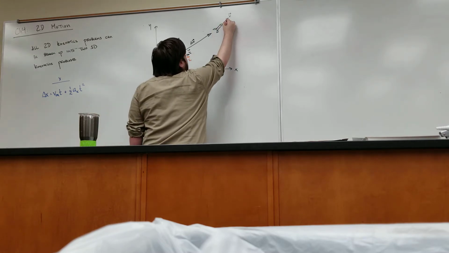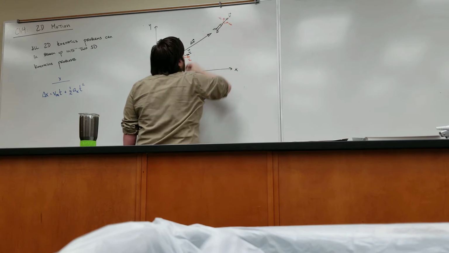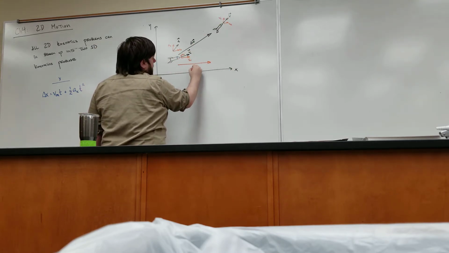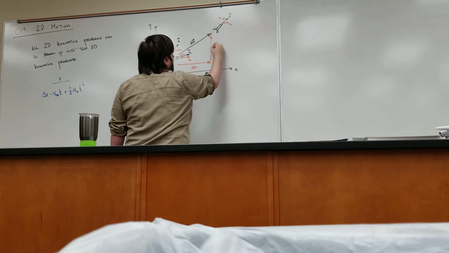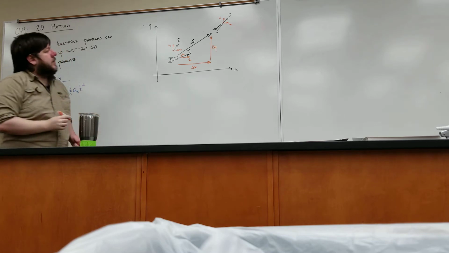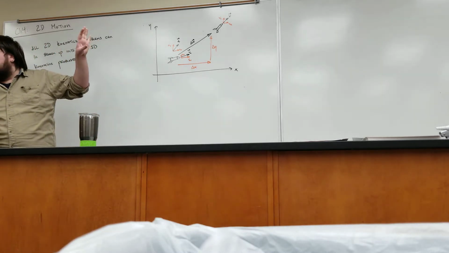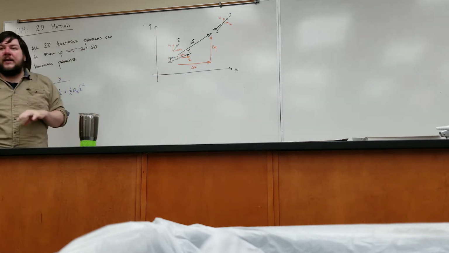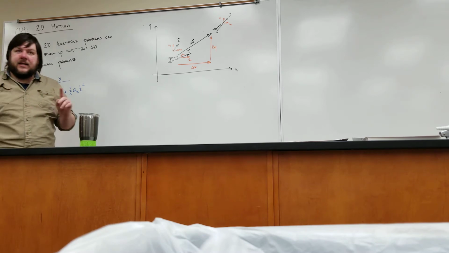The final velocity would have an x component vx and a y component vy, and then the displacement would have an x component delta x, how far to the right it went, and a y component delta y. Okay? So every vector here could be broken up into components. The only thing that is not broken up into components is time, because time is a scalar.